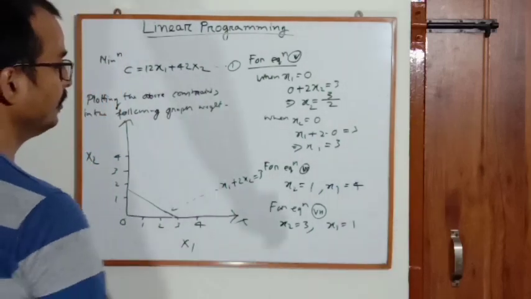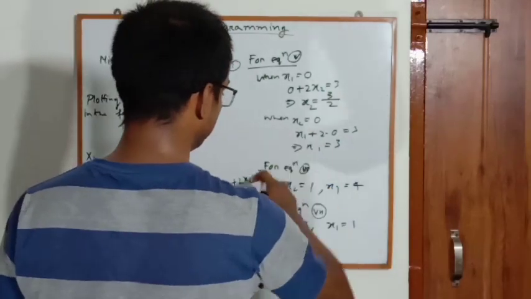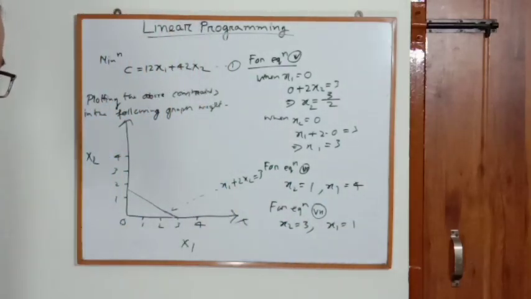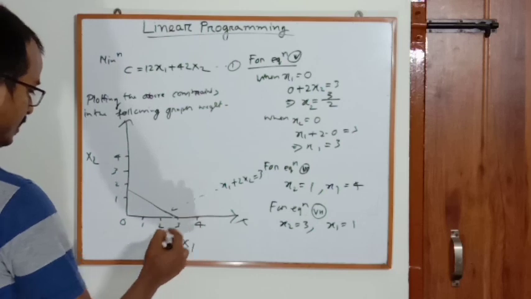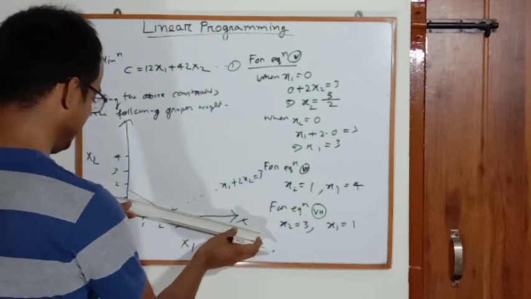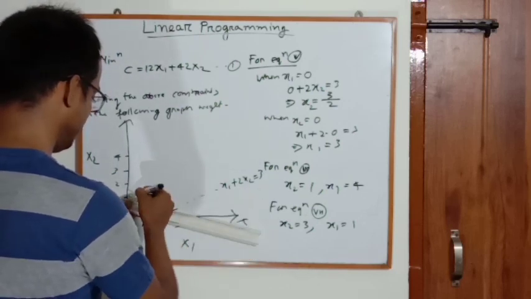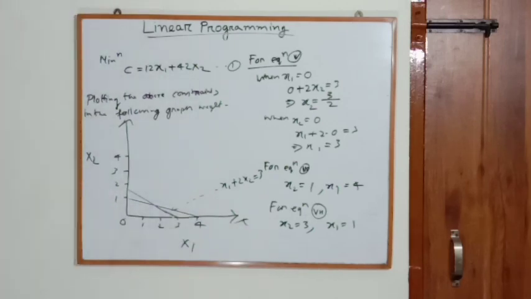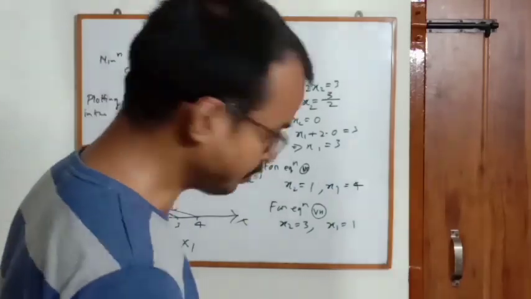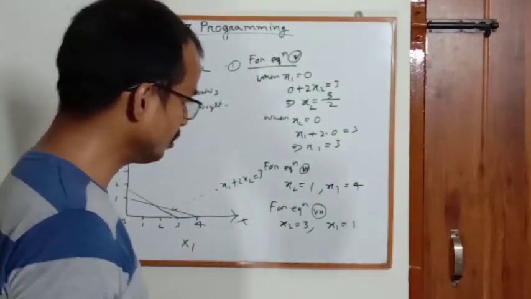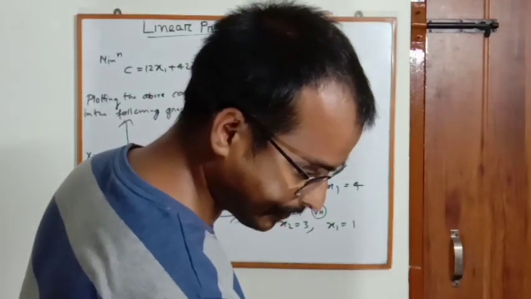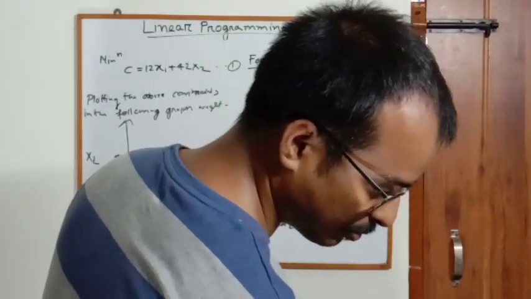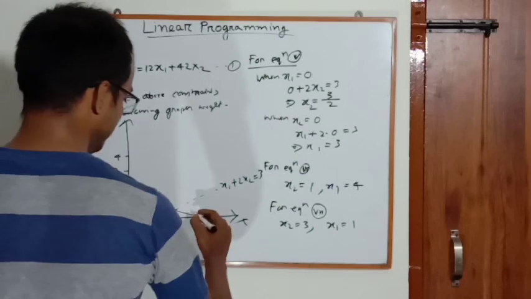What is the next value? Yeah, 1 and 4. X1 is 4 here, and it is 1. Okay, here. One and 4, and this constraint is x1 plus 4x2 equal to 4.